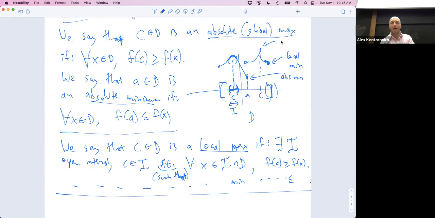This is a global max or absolute max. Some people call local relative. Local is the same thing as relative max or min. So let's call this a relative max. Okay, does that make sense?